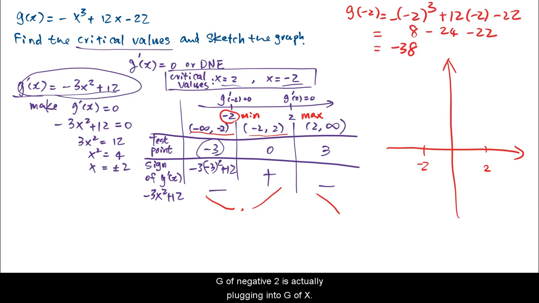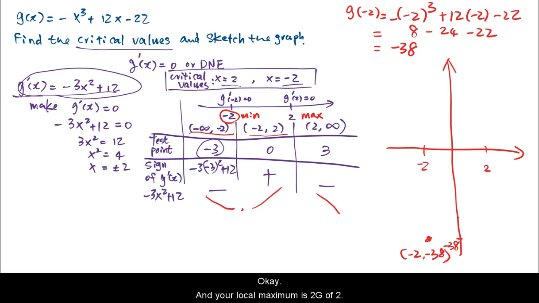Plug it into g of x, you have negative 38. So your local minimum is at negative 2, negative 38. Let's say it's here. This is totally unproportional, but let's say this is negative 2, negative 38. That's your local minimum.